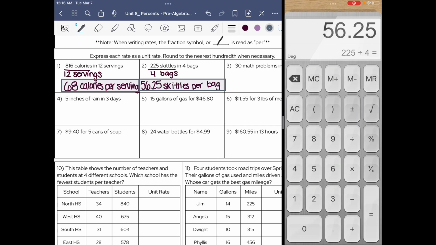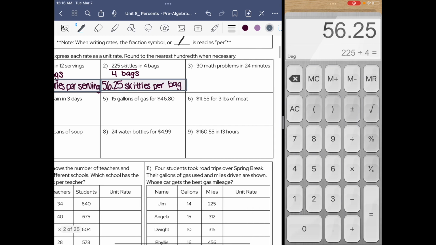Okay, let's try number 3. 30 math problems in 24 minutes. This would be an example of, let's say I gave you an assignment with 30 math problems and you solved it in 24 minutes.